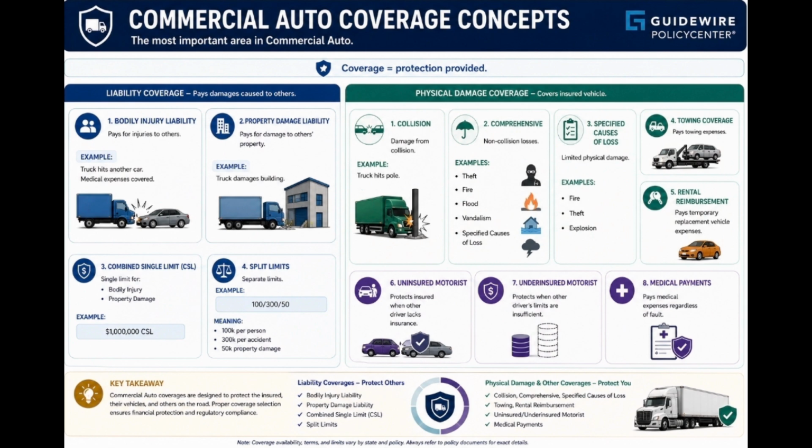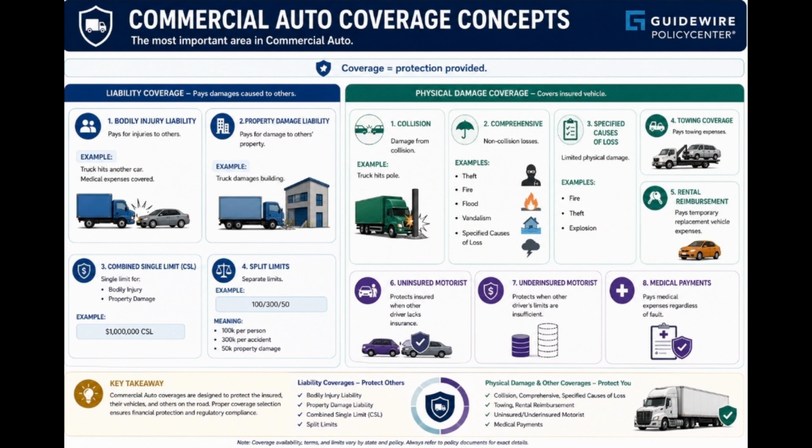Physical damage coverage protects the insured vehicle itself and is divided into collision and comprehensive. Collision covers damage caused by impact with another vehicle or object. Comprehensive covers non-collision losses such as theft, fire, vandalism, flood, or hail.